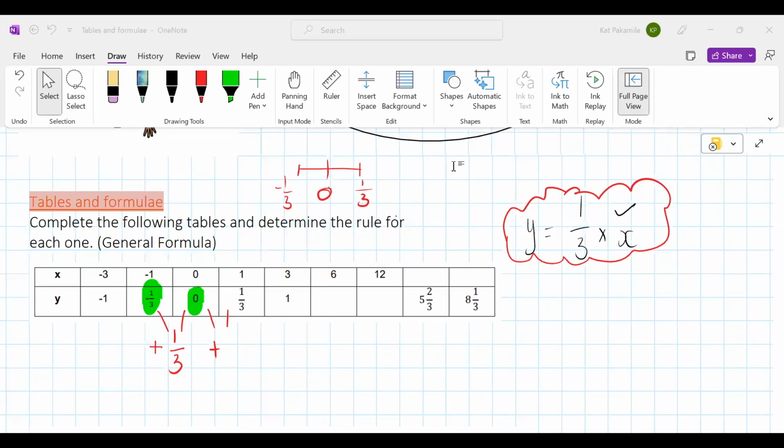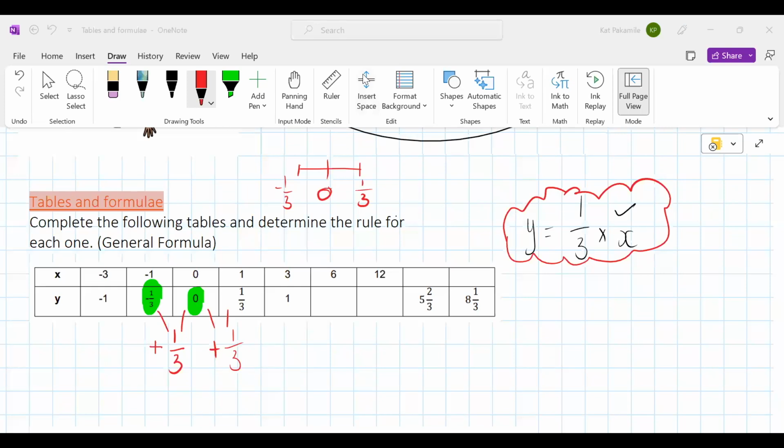Exactly. So to go from 0 to a third, how much would you need to add? A third. Okay. Do you get it? Yes, ma'am.